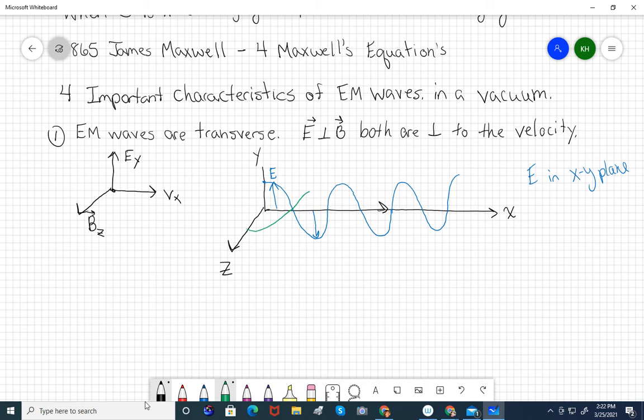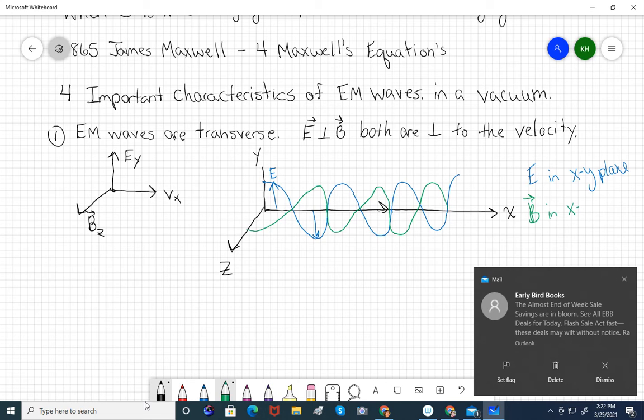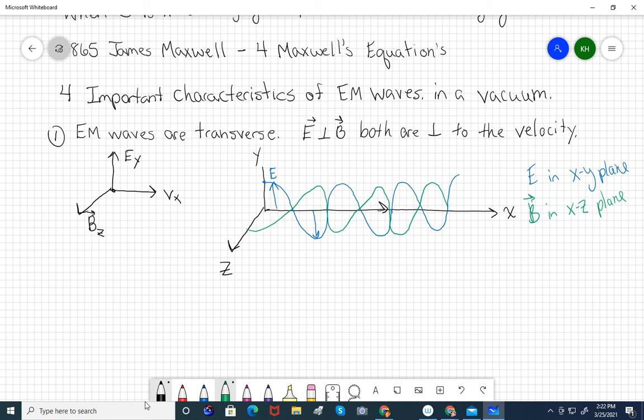This is harder to draw, but it's oscillating in the XZ plane. So if I were to draw vectors for it, they are pointing parallel to the z-axis back and forth. It's not a beautiful picture, but hopefully you get the idea.